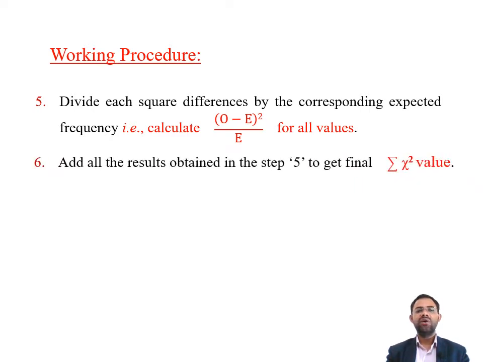Then add all the results obtained in step 5 to get the final chi-square value for the goodness of fit.